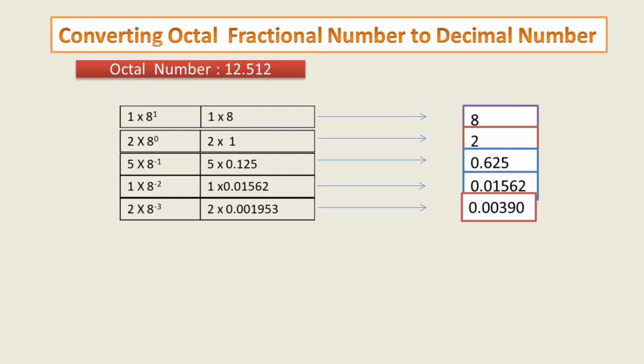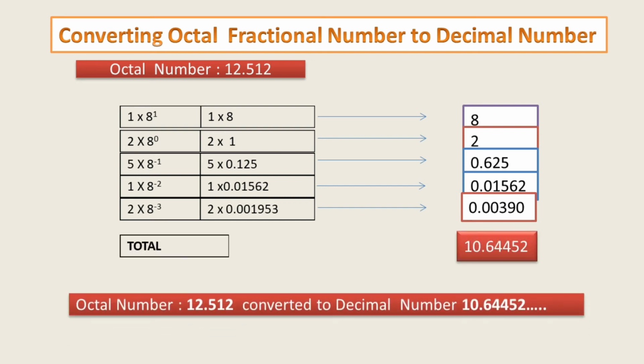Then we multiply everything and add those numbers together and we get 10.64452. So the octal number 12.512, if I convert it into a decimal number, becomes 10.64452.